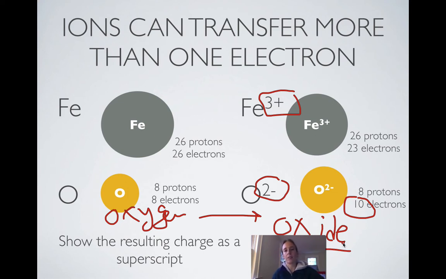That goes for all of these anions. Oxygen becomes oxide, chlorine becomes chloride, fluorine becomes fluoride, which you've probably heard of. It's in your toothpaste most likely. Even nitrogen becomes nitride. So with all of those anions, the ending changes in the ion form.